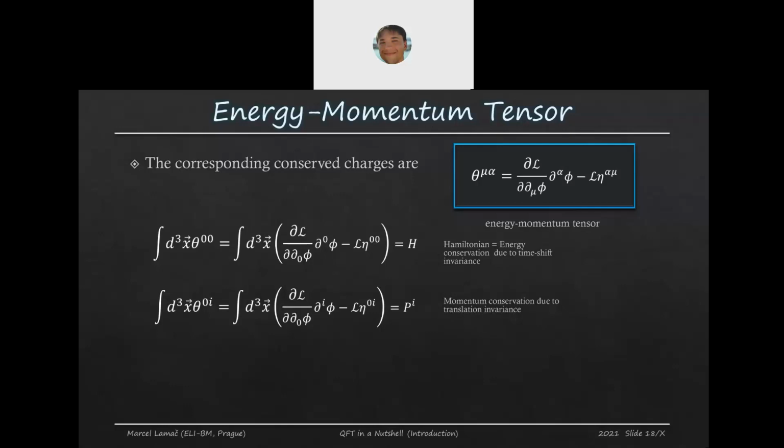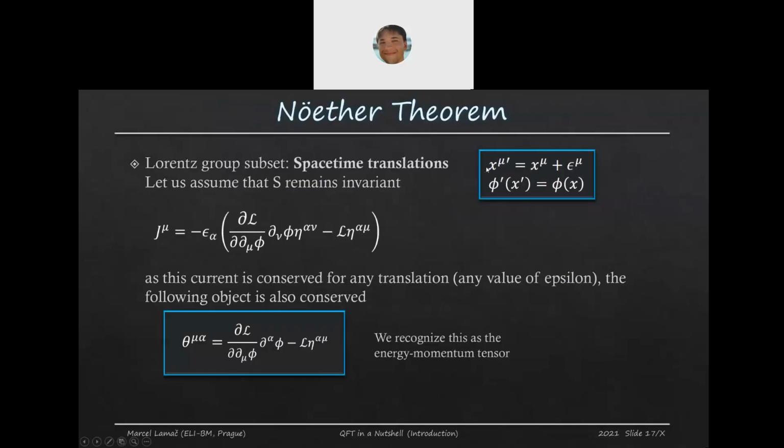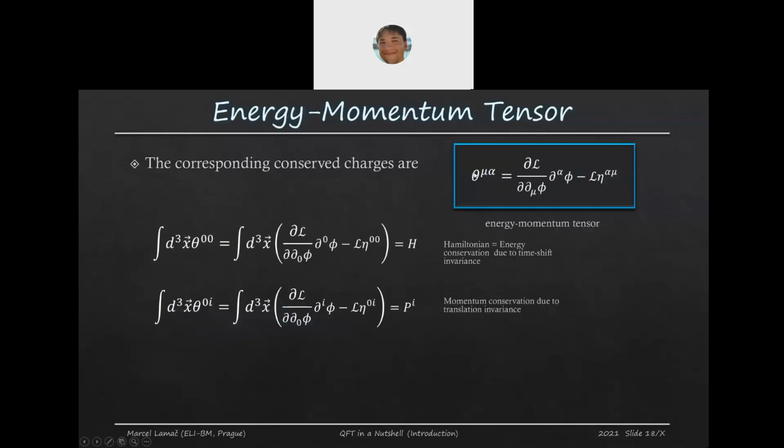The density is the zeroth component of the four-current. In terms of our tensor, the four-current's index is mu, so we basically have to set mu equal to 0.